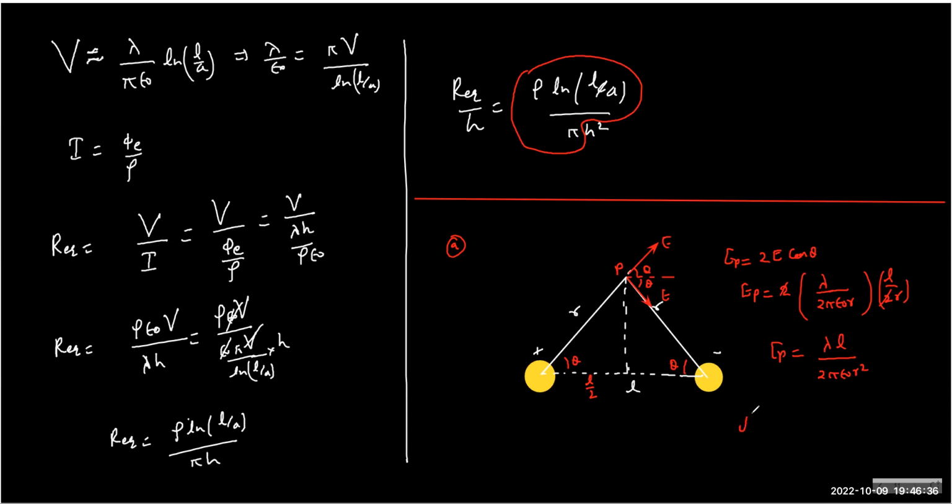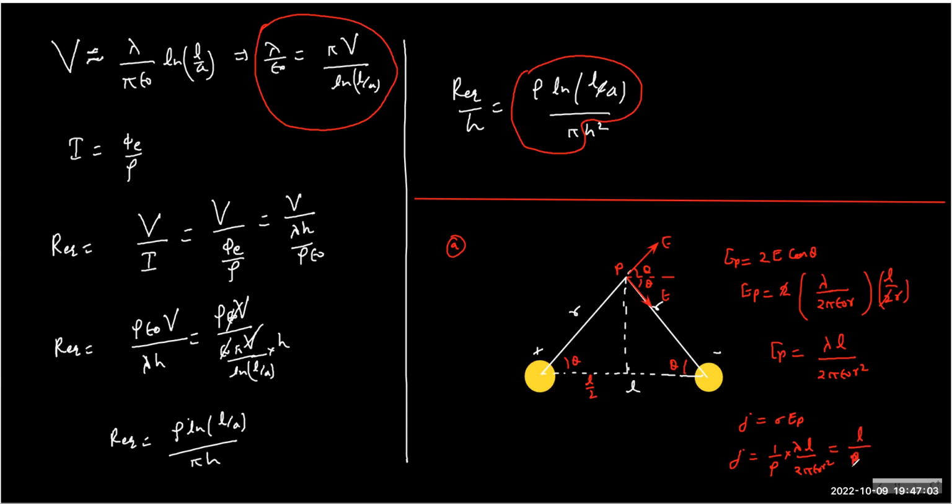And current density is sigma into E. It's the local form, because we want local current density, we can use this formula. So 1 by rho into E at P is lambda L by 2 pi epsilon naught r square. And lambda we can replace by this formula because we have this relation, which you have to use anyway.